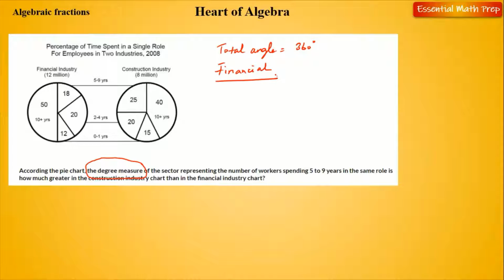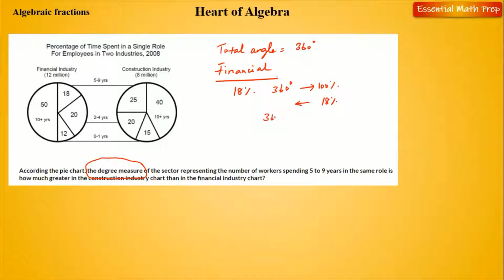Okay. Financial industry, the 5 to 9 years in the pie chart corresponds to 18%, right? So if 360 degrees is 100%, because that's the whole value, what would 18% correspond to?